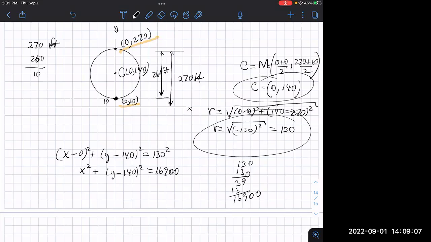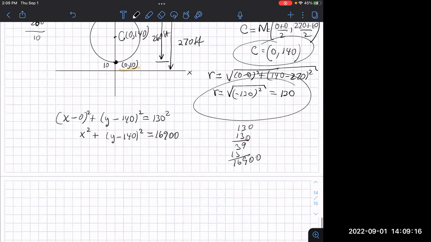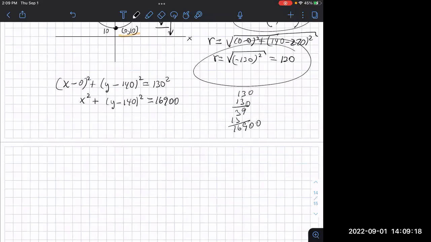My next one is number 58. It says find an equation of the line containing the centers of the two circles.